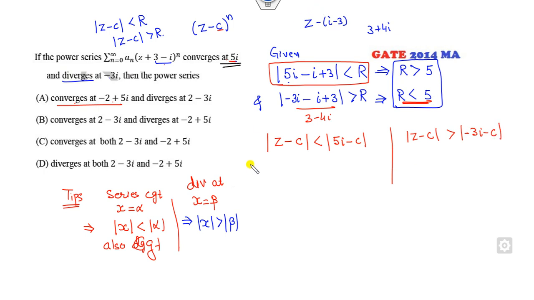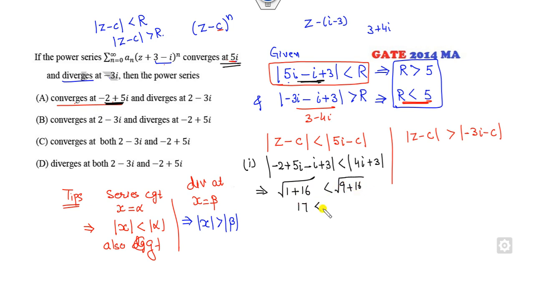Fine. Now we can check about option 1. If z is here, minus 2 plus 5i minus c is minus i plus 3, this is the same thing, that's 4 plus 3. So what is that? It is 1, and 4 is 16. Is it less than 9 plus 16?